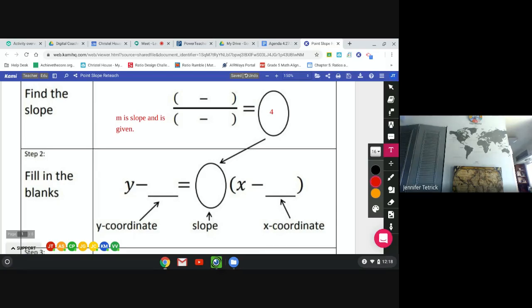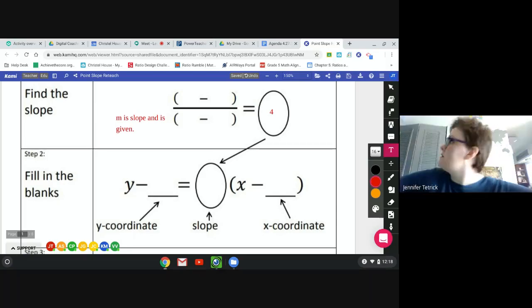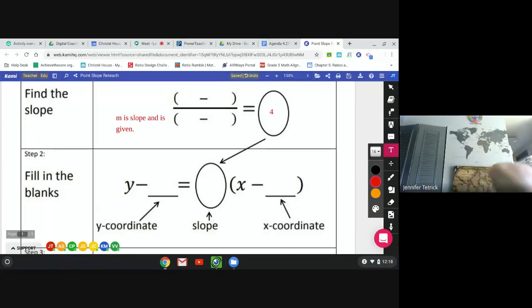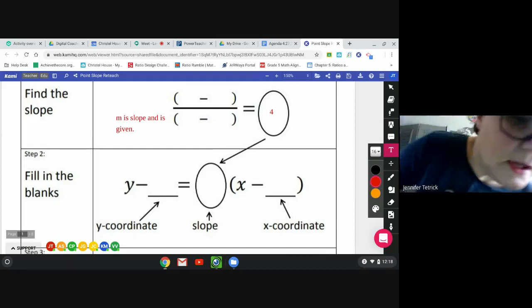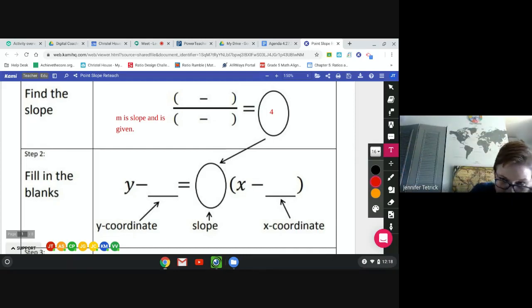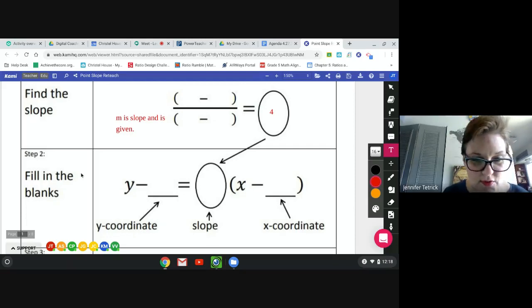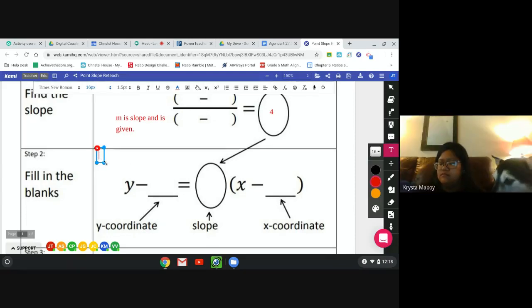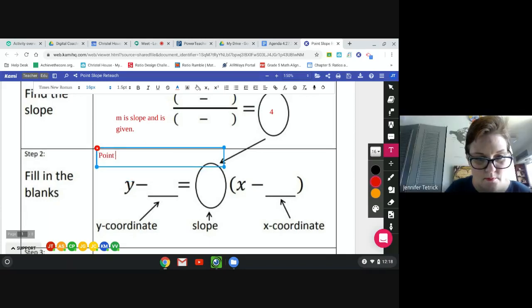I need someone other than whoever responded 4 to tell me what is the equation for point slope form.